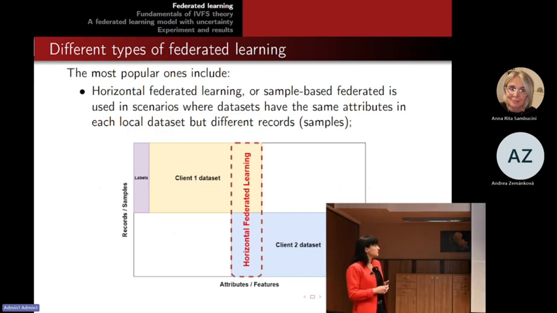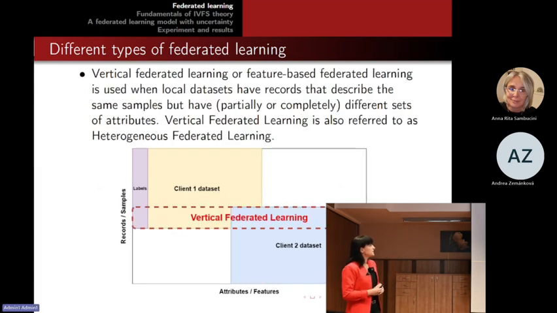We have horizontal federated learning, which is characterized by the fact that in each local model we have the same attributes for our data, but different data sets, so for example different people, different clients, etc. In the second kind of federated learning, we study the same group of people, but in each local model we have different attributes, considering a different real problem, for example a shop or a medical center.